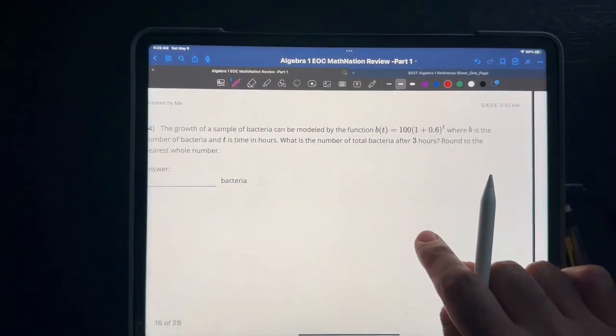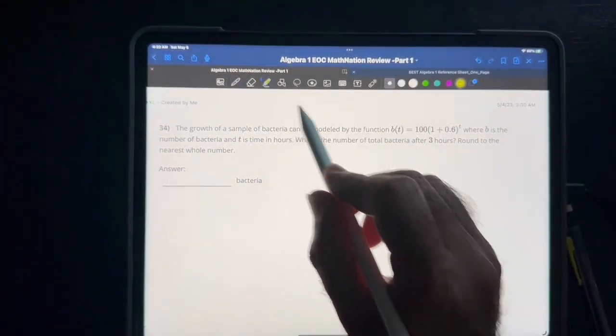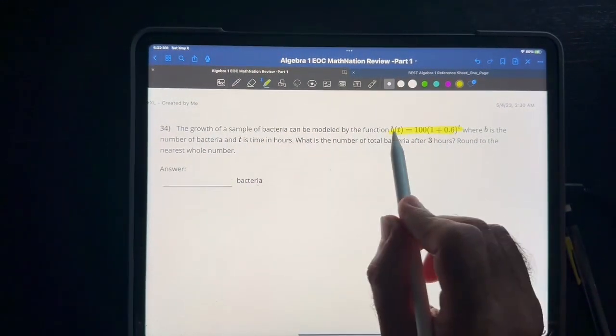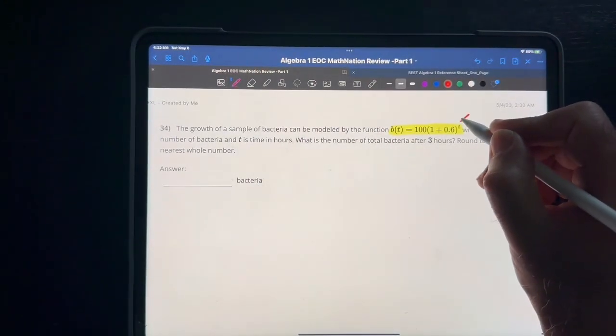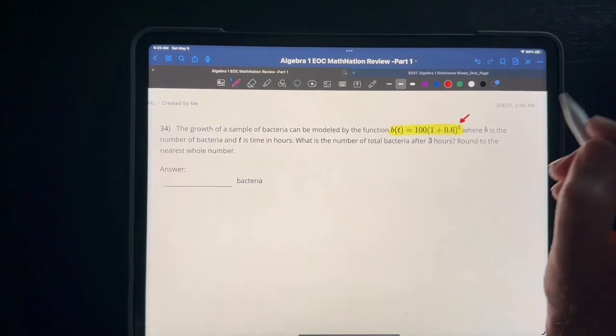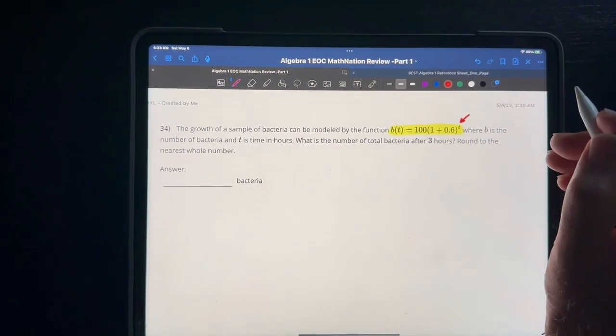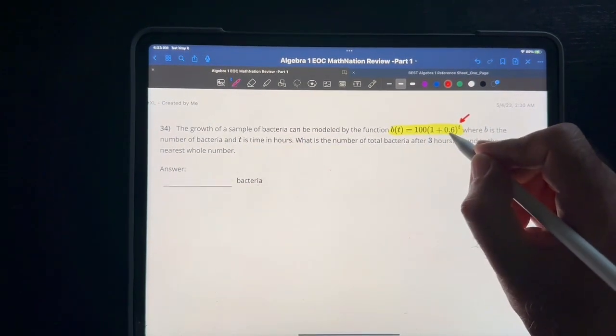So 34, moving on. Again, this is all exponential function stuff. How do I know it's an exponential function, guys? Not because I'm a math teacher, but because I look at this here. You see how the exponent is a variable? If you have a variable exponent, that means you have an exponential function.